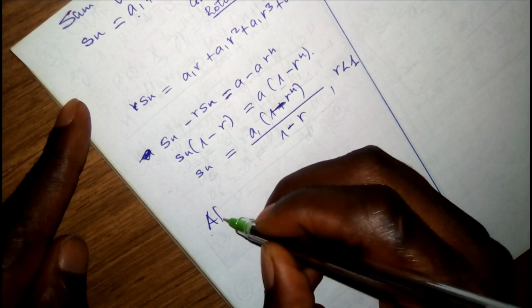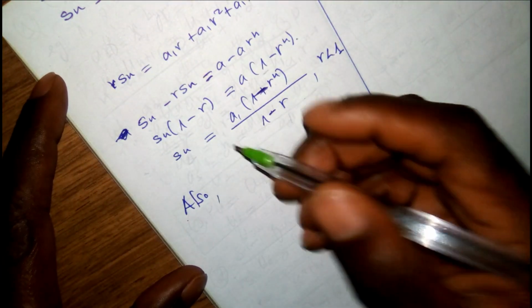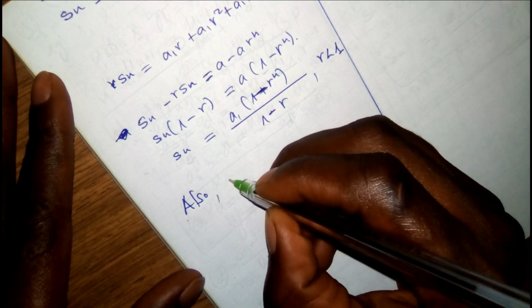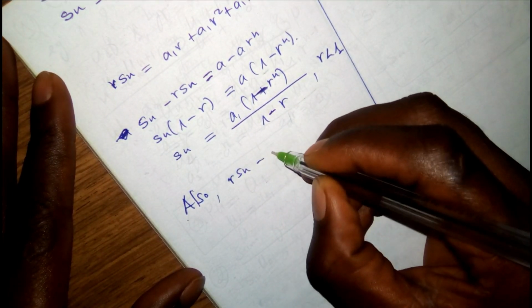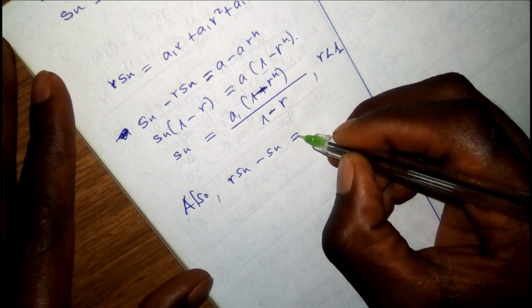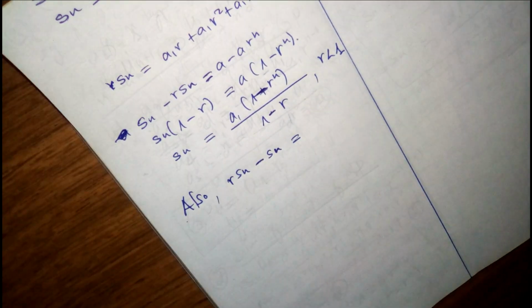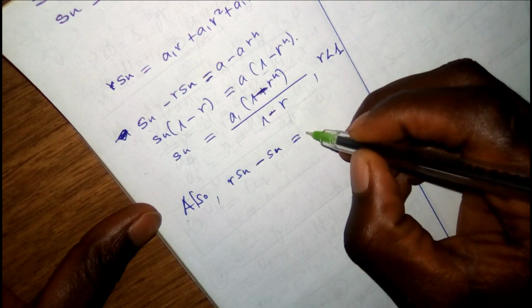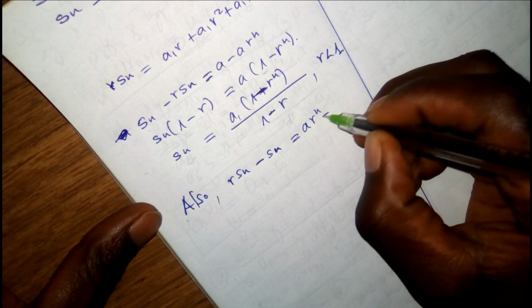Also, if we take r Sn minus Sn, here we will have a r power n minus a.